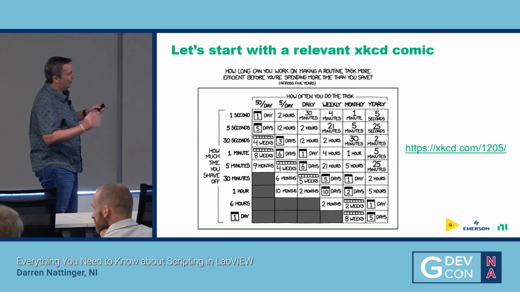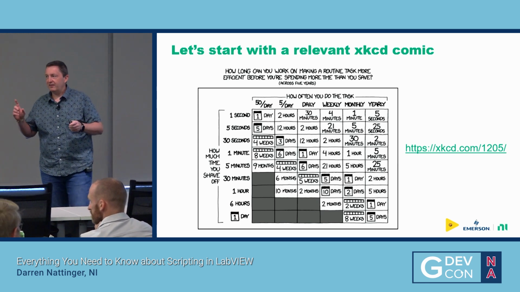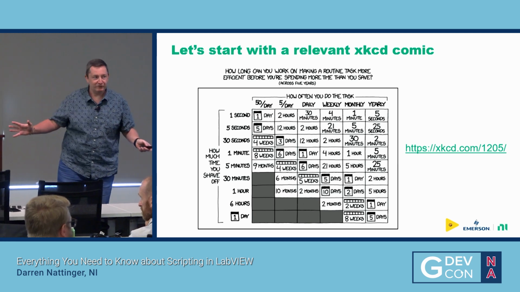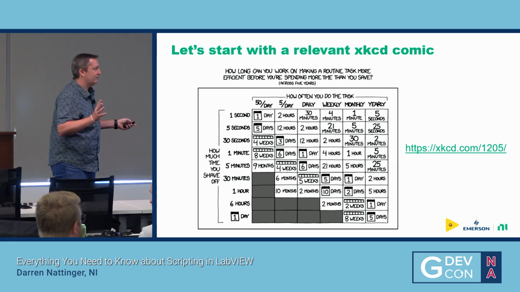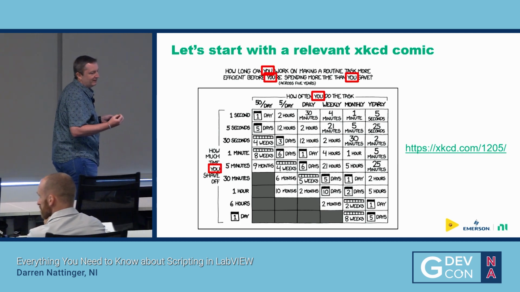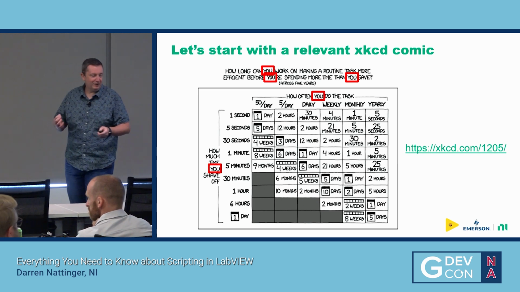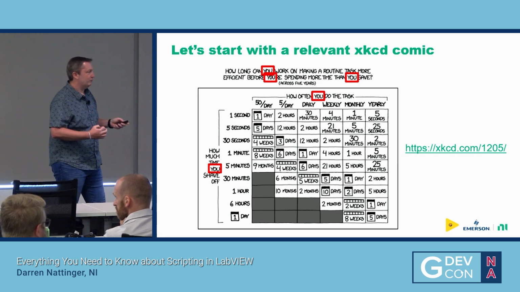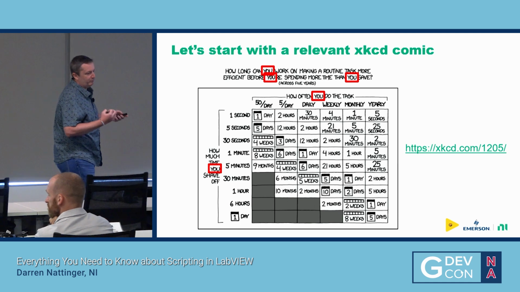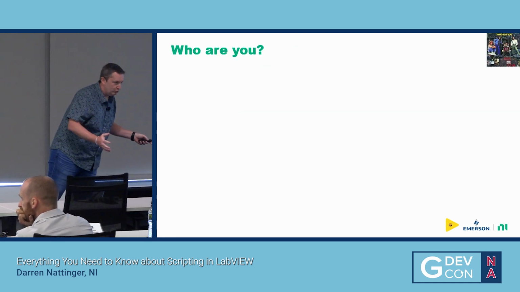One of the reasons I think about this comic a lot, and one of the reasons I am giving a presentation about scripting today, is because there is a word in this comic that is doing a lot of heavy lifting, and that word is "you." How long can you spend making a routine task more efficient before you are spending more time than you are saving? Who are you?